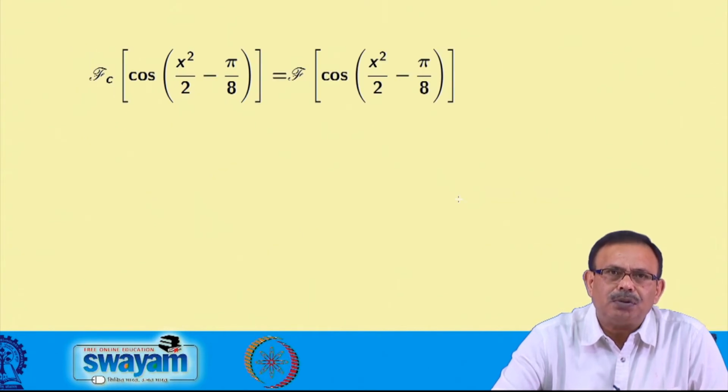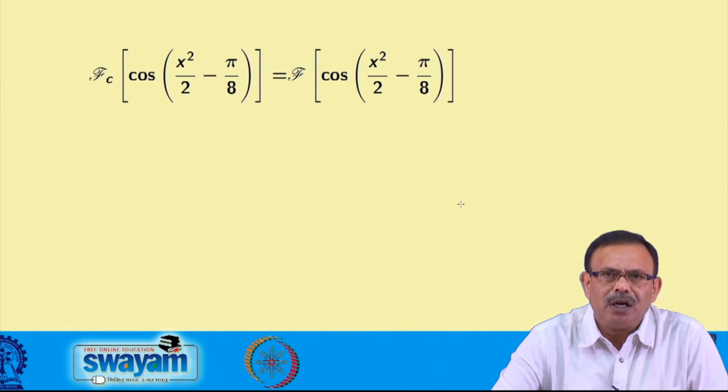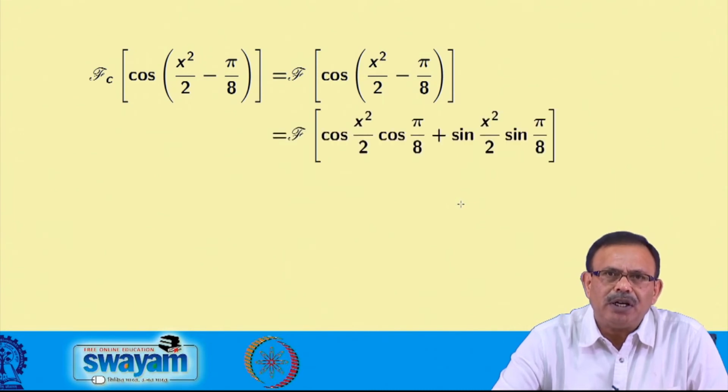So, using these two, now I am starting from Fourier cosine transform of cos of x square by 2 minus pi by 8 equals Fourier transform of cos of x square by 2 minus pi by 8, because as I have told you earlier, the Fourier transform and Fourier cosine transform of a function are the same, and we have proved it earlier. Using that property we are writing it.